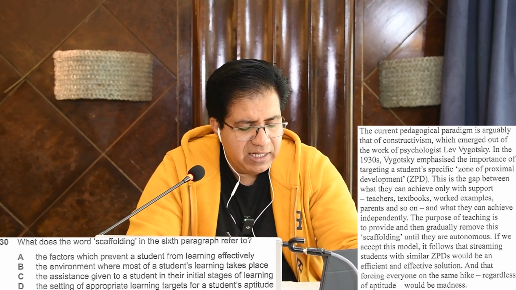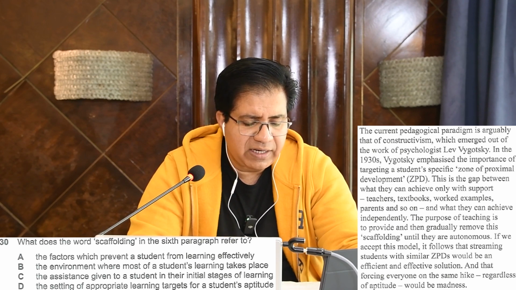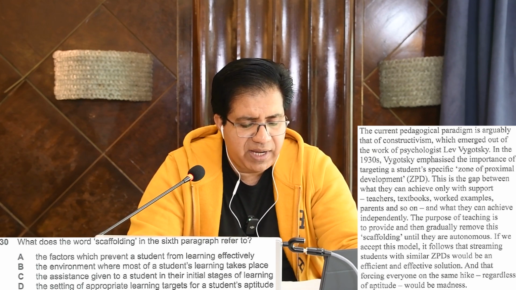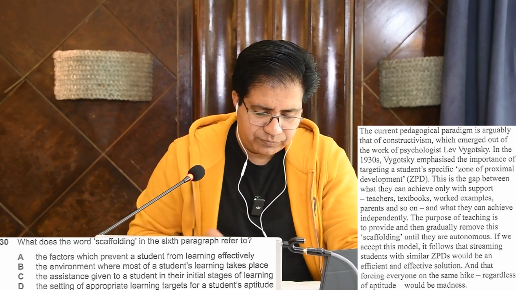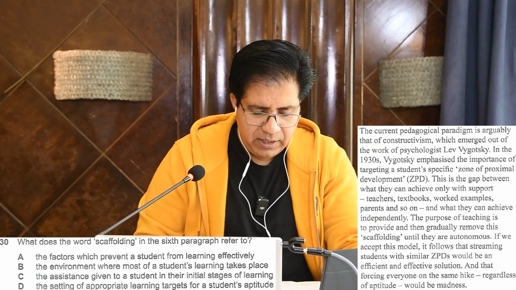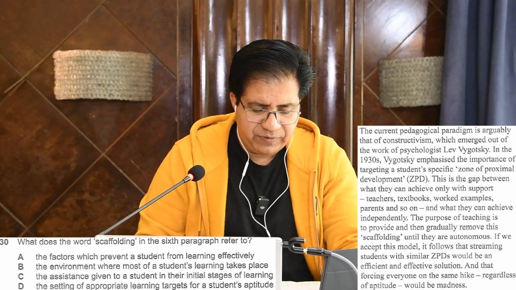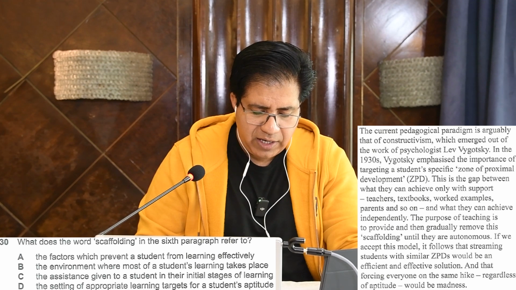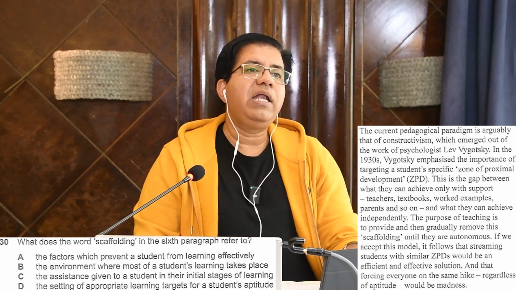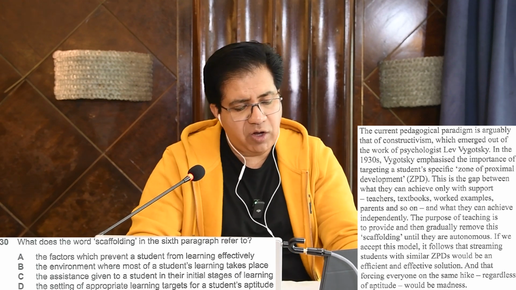And option D, setting of appropriate learning targets for a student's aptitude. Let's go back. The purpose of teaching is to provide and then gradually remove this scaffolding until they are autonomous. Okay, now yeah, it's actually going to be option C.